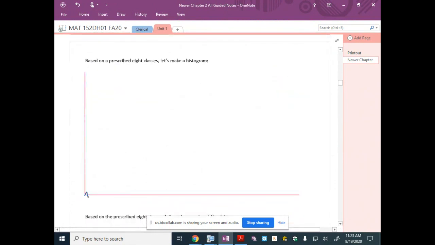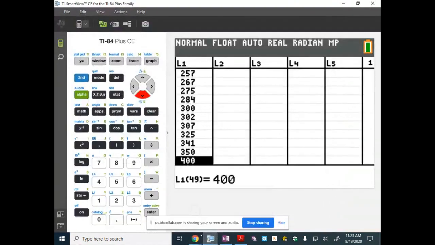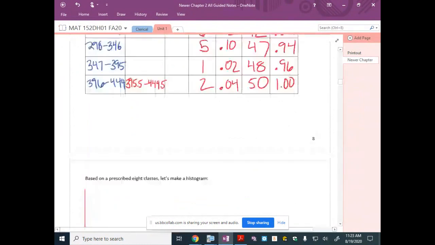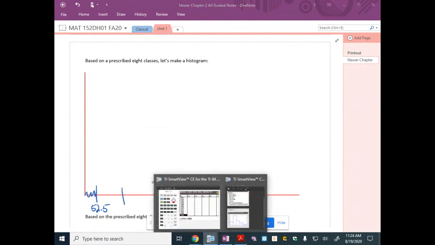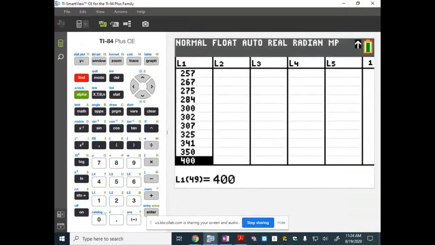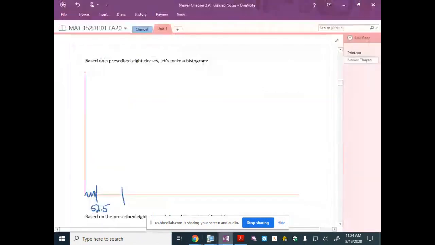Since we're starting at 52.5, I'm going to put a lightning bolt here to indicate going from 0 to 52.5. And the class width, what was the class width again? 49. So basically, we would just add increments of 49, starting at 52.5.